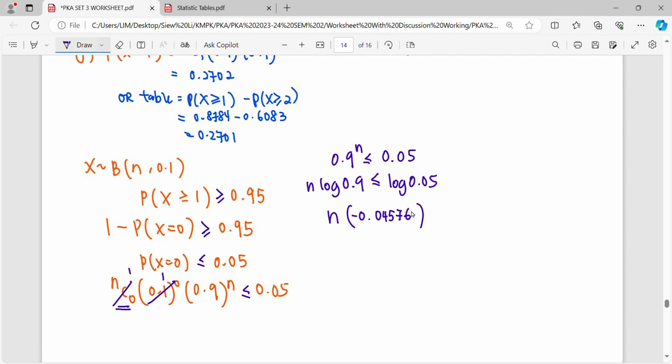Another part, log of 0.05, negative 0.30103. You want to give more? Give more.